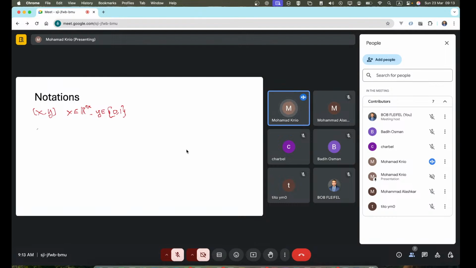And we also have something called a training example.